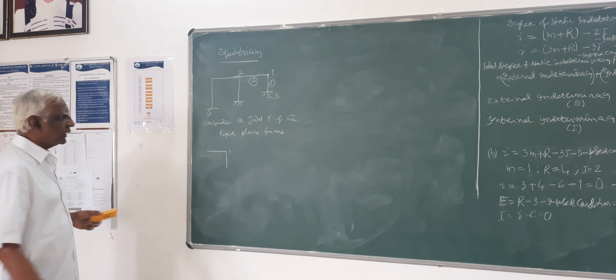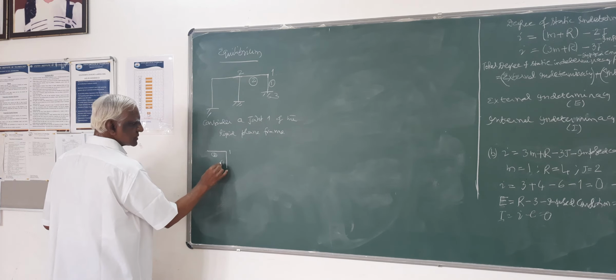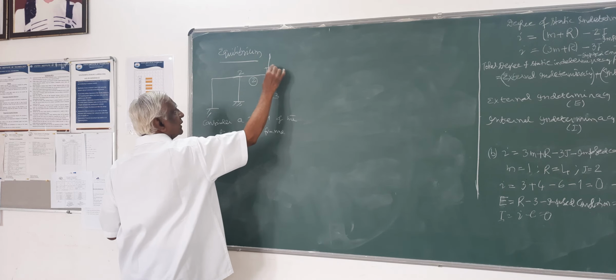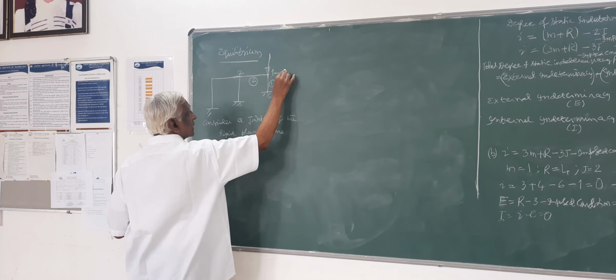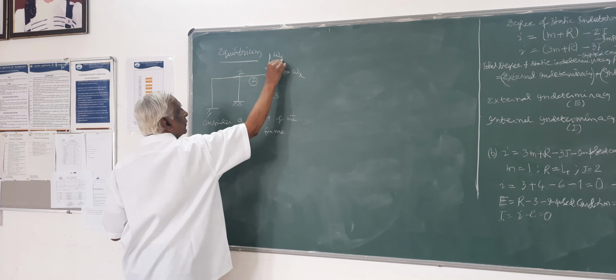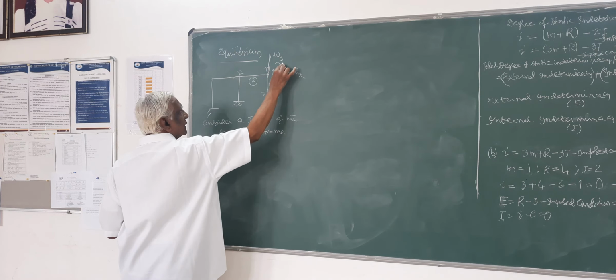There are 2 members, 1 and 2. This is one member, second member. This is the first member. Suppose there is an external load Wx, Wy, and of course, here let there be a moment also Mz at the joint 1.